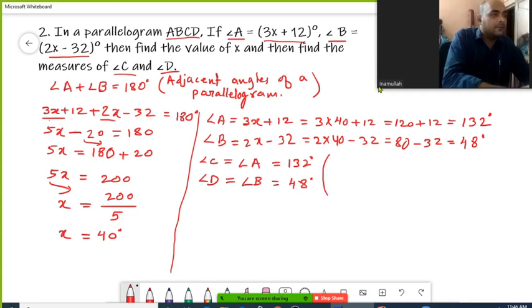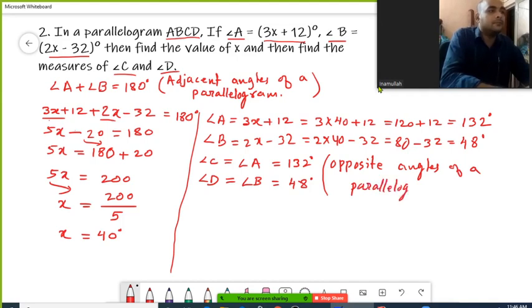And for these two, we can give same reason, a common reason for them, that opposite angles of a parallelogram. So this is all about this question, and this way you can solve and you can find out value of x and value of C and D.